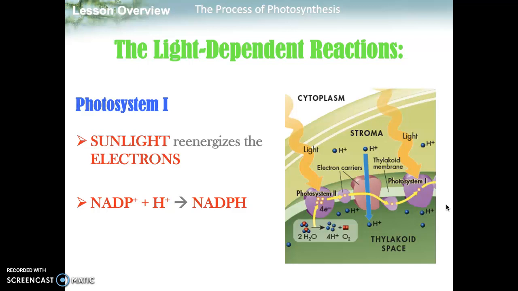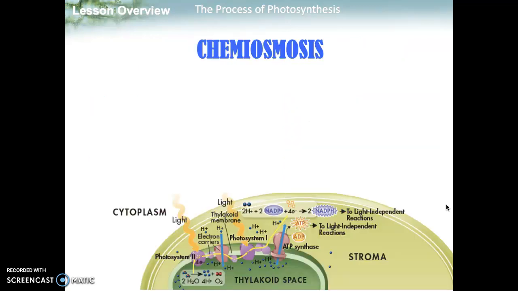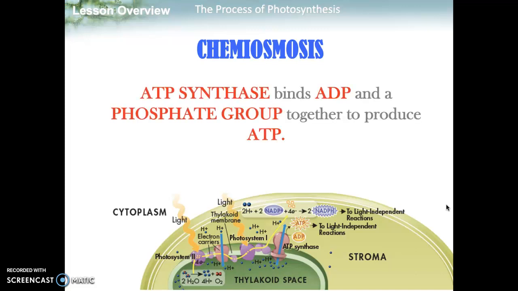An ending process of Photosystem 1 is something called chemiosmosis. This is where ATP gets produced. We've already produced the NADPH in Photosystem 1. Now we need to produce the ATP that I told you also gets produced. In order to do that, we need a special enzyme.